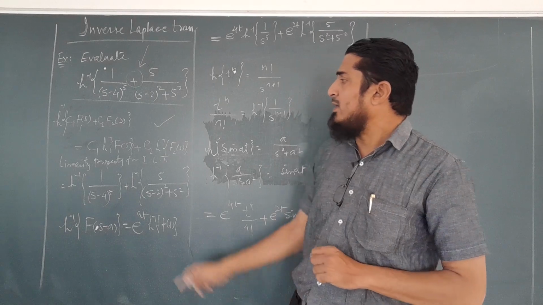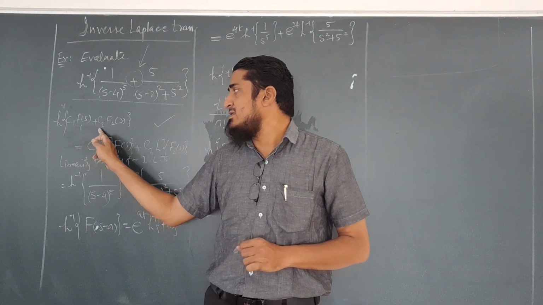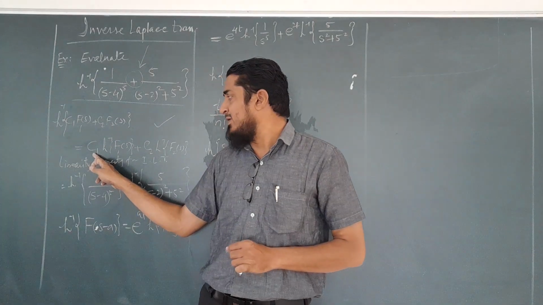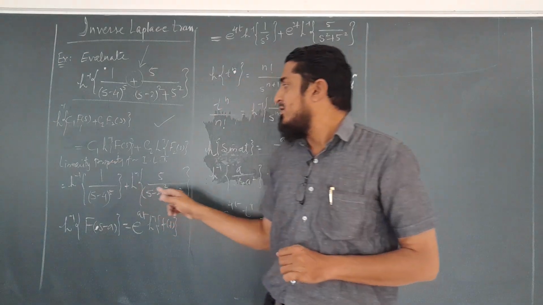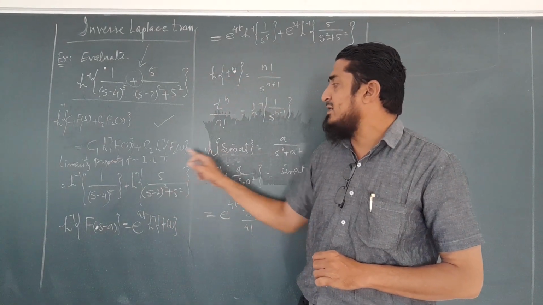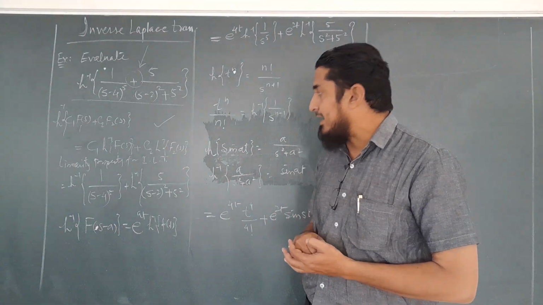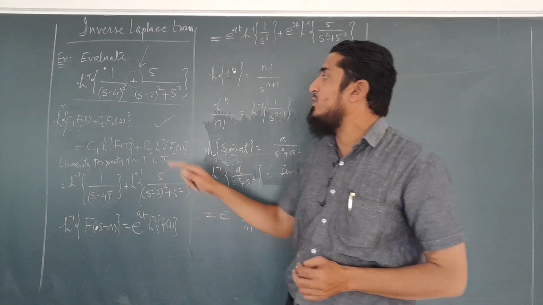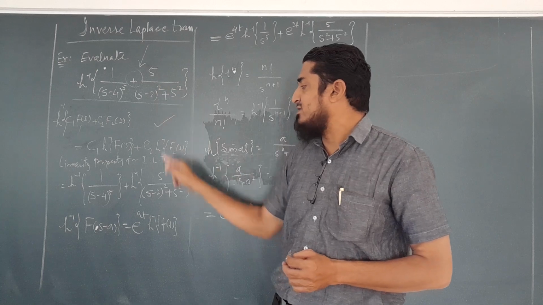Correct? We have here the inverse Laplace transform of C1 f1 of s plus C2 f2 of s. We get C1 outside of the inverse Laplace transform operator, times the inverse Laplace of f1 of s, and C2 times the inverse Laplace transform of f2 of s. Correct? Where C1 and C2 are constants, so we have 1 as a constant and 5 as a constant.